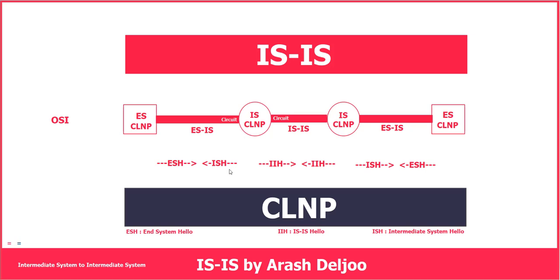Because we don't need to install the ES-IS protocol, we don't need these hello packets. But in IS-IS, meaning between the two ISs, we need IIH hello for discovering, and after that establishing IS-IS neighborship between the ISs. IIH is the abbreviation of IS-IS Hello.